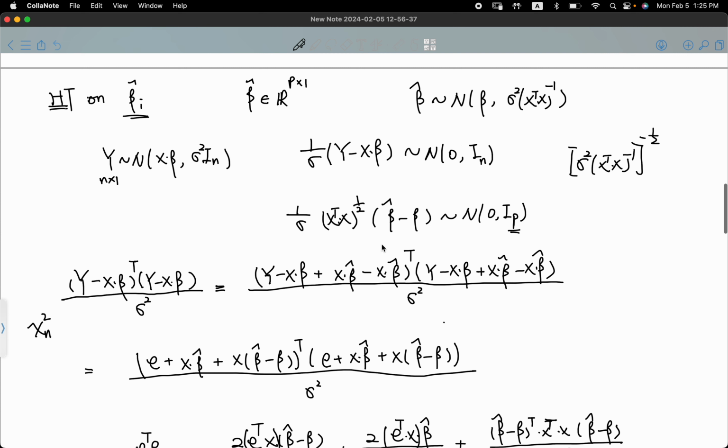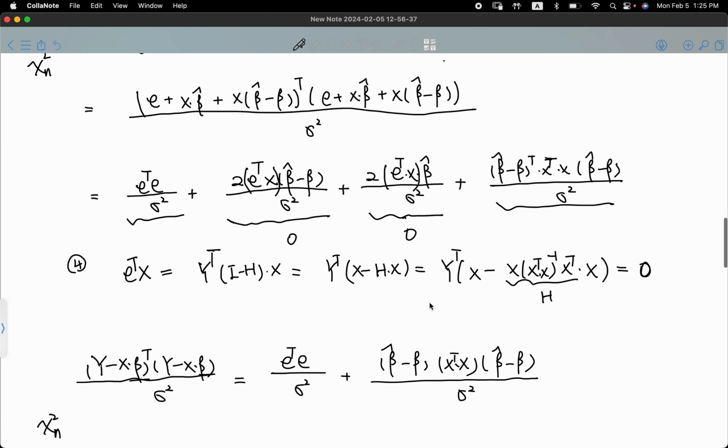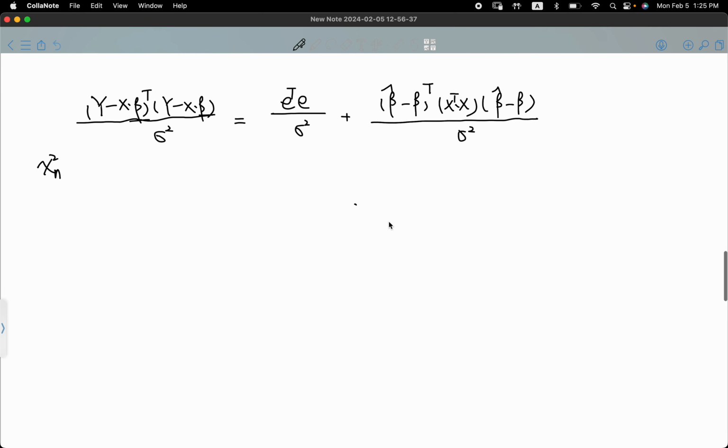And what we have done in the bottom is that we take the square of this. So we have, there's a transpose here. So we have two copies of that.